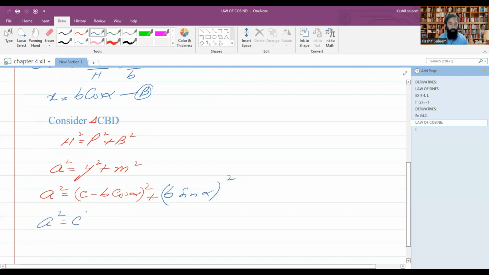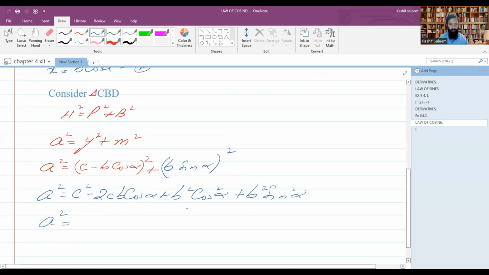A square is equal to c square minus 2cb cos alpha plus b square cos square alpha plus b square sine square alpha. If you look at b square cos square alpha and b square sine square alpha, you can take b square common.